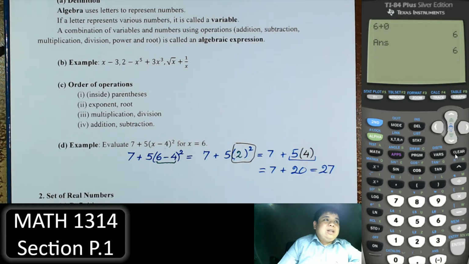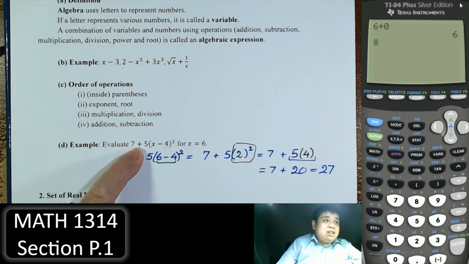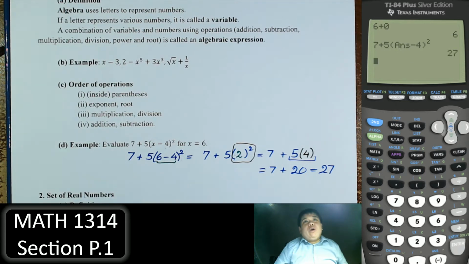So once again, I do 6 plus 0. So now I know the answer is going to be equal to 6. So instead of using x, I can just say 7 plus 5 times, and instead of x, I use the answer, which is the previous answer of the calculations, which is 6. That will come in handy later.